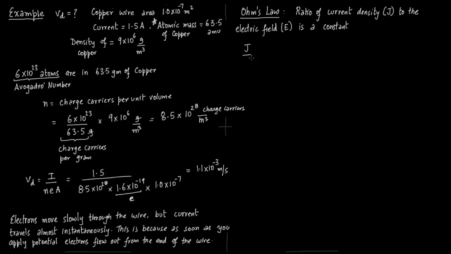So that is J over E equals sigma. Sigma is a constant, called conductivity for a particular conductor. This equation is Ohm's law. Now I'm going to write J as I over A because J is current density, I is current, and A is the area of the cross section of the wire.